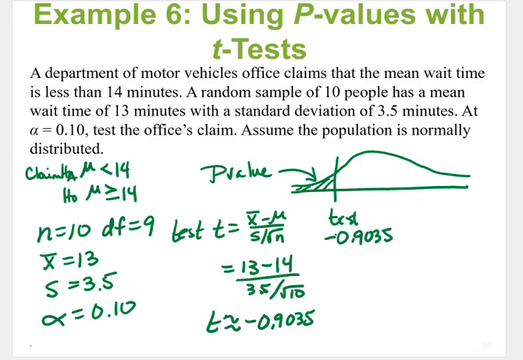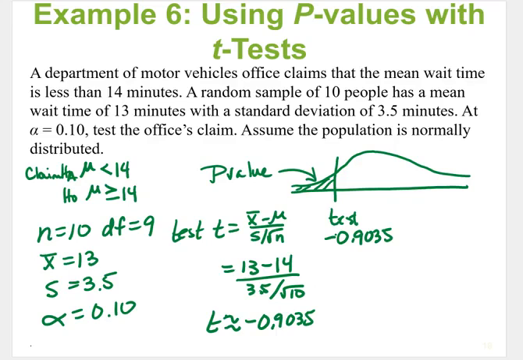Now, this is where it gets interesting when you're working with the p-value method. If I go to my chart, I have to look on the inside of my chart to find where that value, negative 0.9035, is going to be. So I'm going to go to the 9 degrees of freedom, and I'm going to look across. And I see that the lowest t value on there is 1.383. And that says for a one-tail test, it should be 0.10.